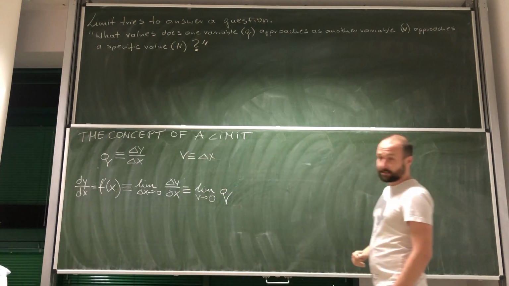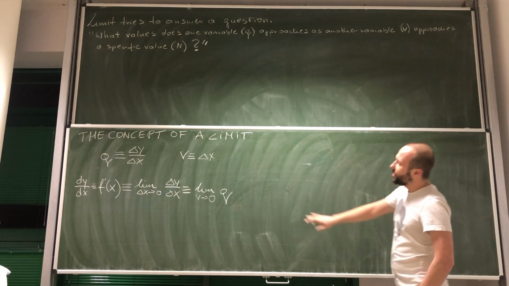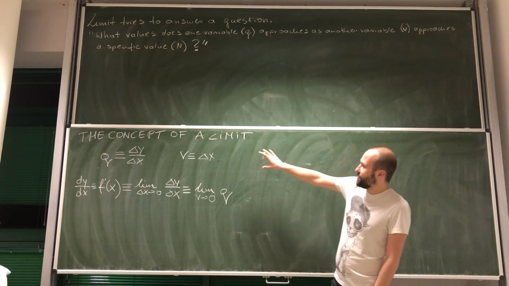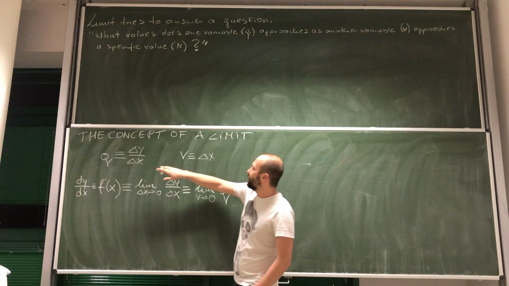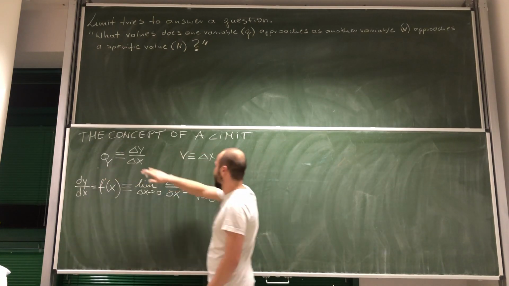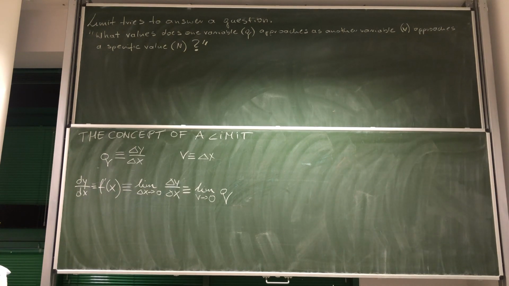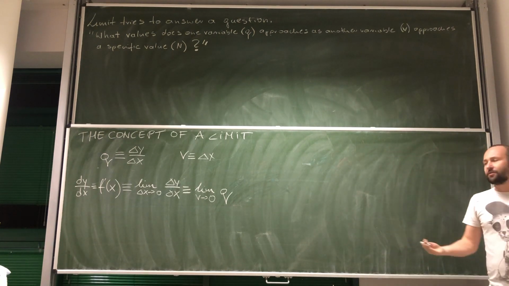Okay, and now we're going to talk a little bit more about the limit. So look, we know now that we can rewrite the derivative in a simpler form by replacing the difference quotient by q and delta x by v. When we calculate limits, we use more general concepts.